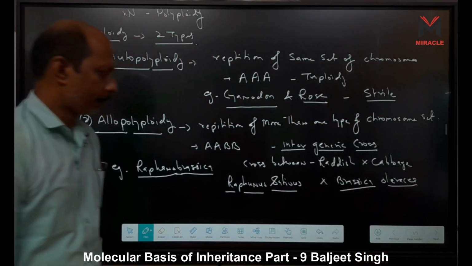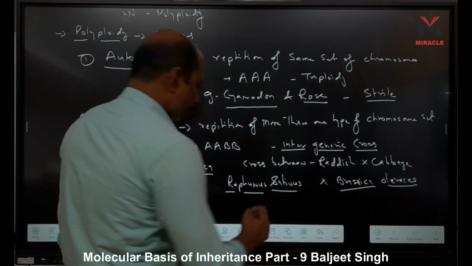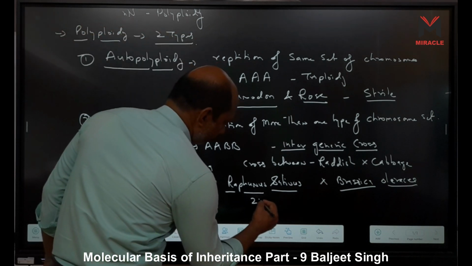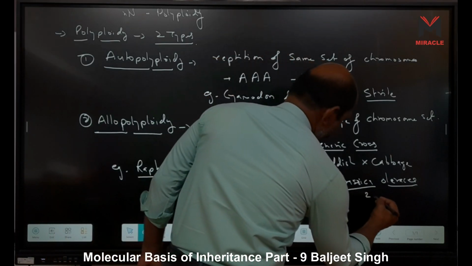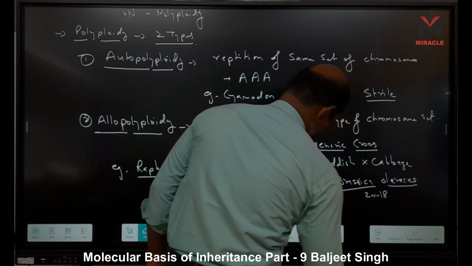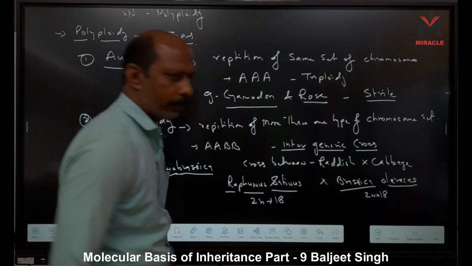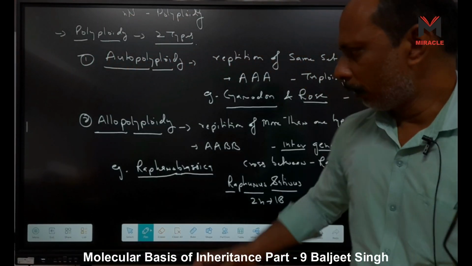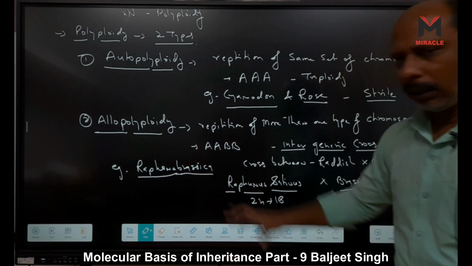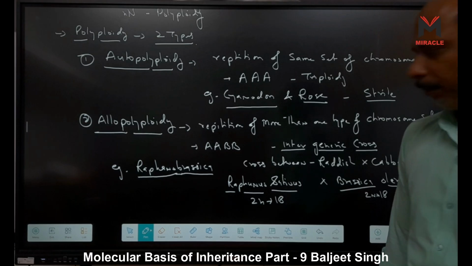This is the cabbage. Raphanus sativus, what is the number of chromosomes here? 2N is 18. Here also 2N is 18. The number of chromosomes is the same because both belong to the same family, which you know very well is Cruciferae.